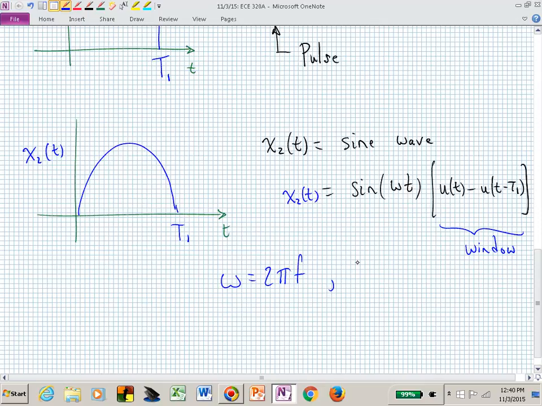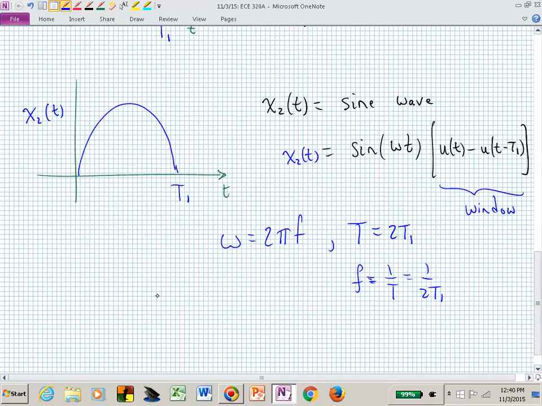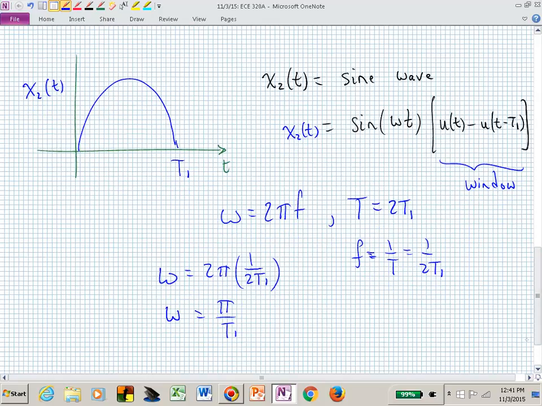So if we know that the period is 2 t sub 1, then f being equal to 1 over T is 1 over 2 t1. Now we know what omega is. Omega is now equal to 2 pi over T, or 2 pi f, or the omega is actually pi over t sub 1.